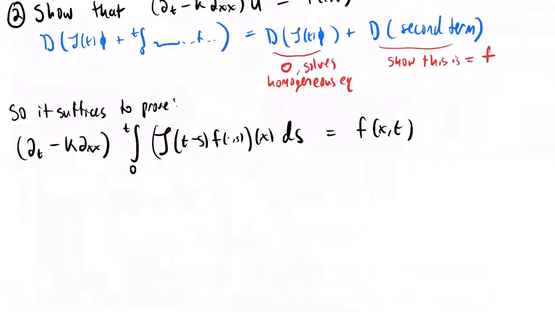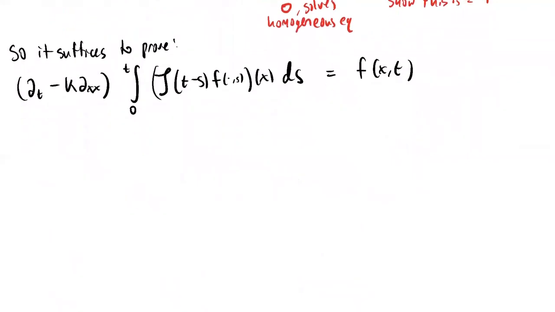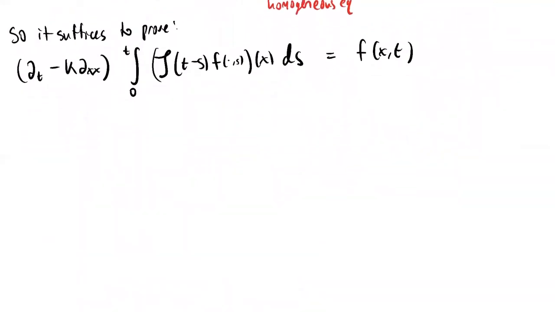And so now we just have to actually do a calculation to see what we get. So I want to take the derivative. Let's look at the t derivative, this term first. Now I'm looking at derivative with respect to t of an integral from 0 to t, but inside the integral I have some other function of t, which is the solution operator.